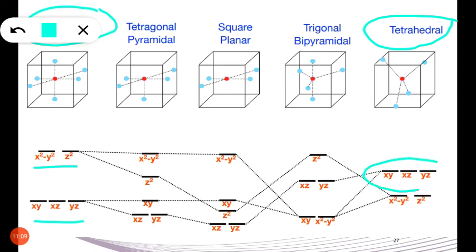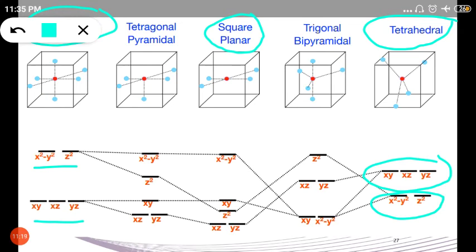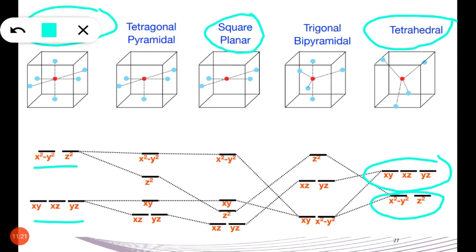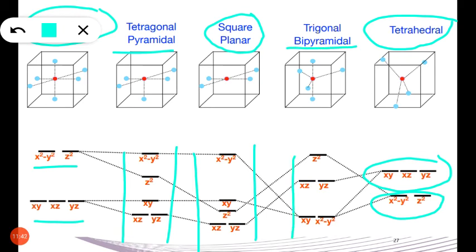For tetrahedral, top side it is T2, another one it is E. Then square planar, see, for square planar this is the splitting of d orbital. Then tetragonal pyramidal or square pyramidal, for that this is the splitting. And at last trigonal bipyramidal, we have seen this is the splitting.